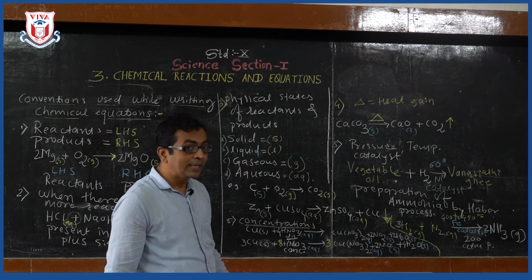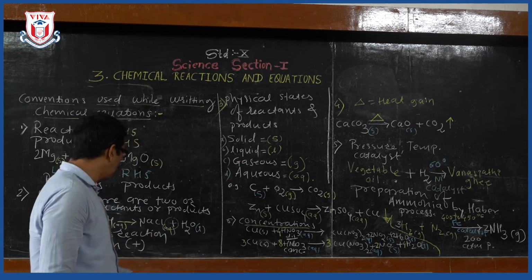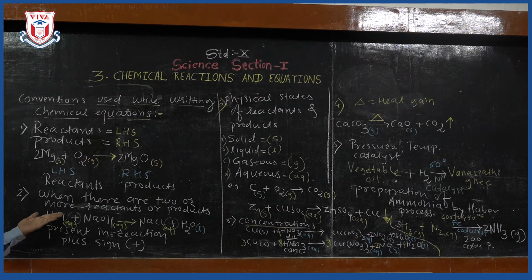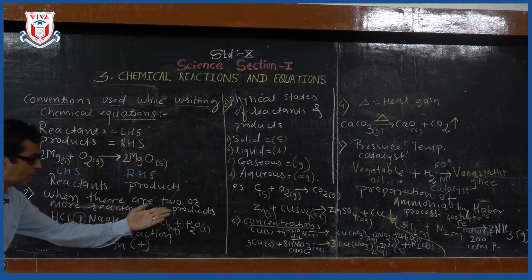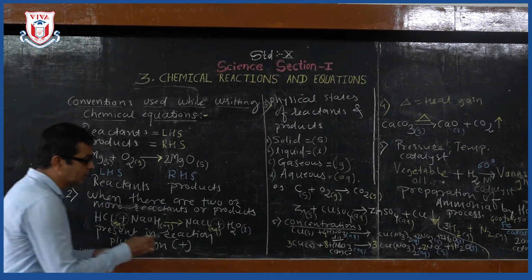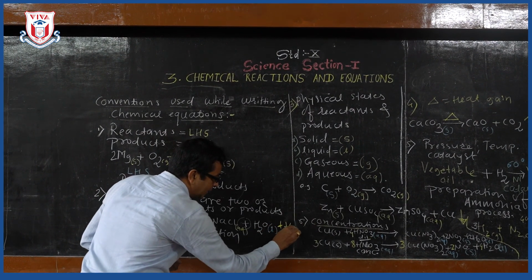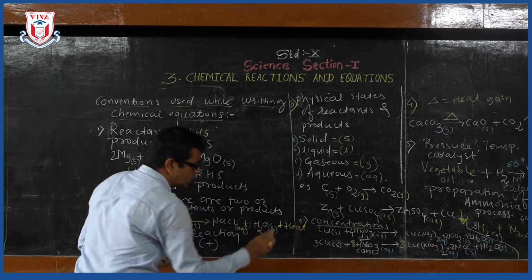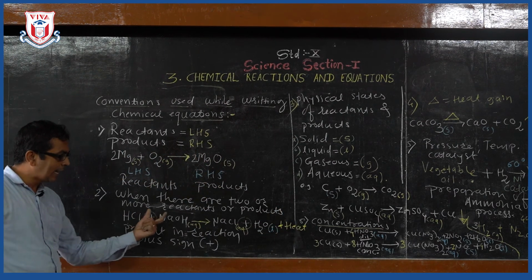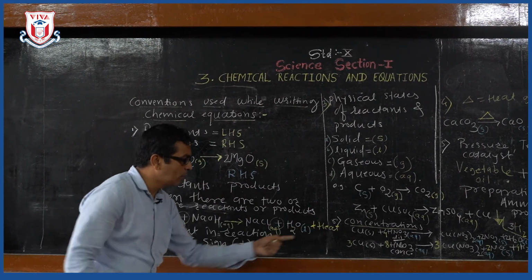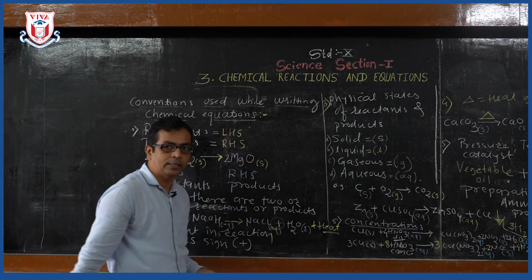Then suppose heat is evolved, like this is a neutralization reaction. Acid reacts with base, you will get salt and water. Along with this, heat is evolved, so I can write plus heat. Okay, so along with the reactant and the product, heat is evolved, so you have to write plus heat.